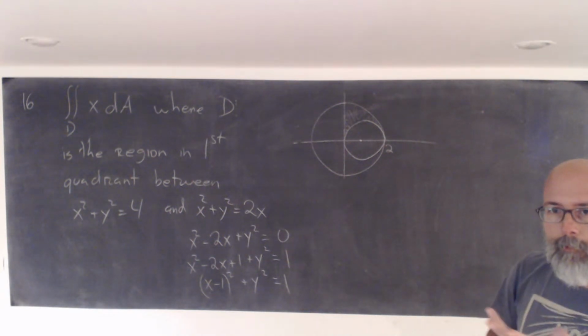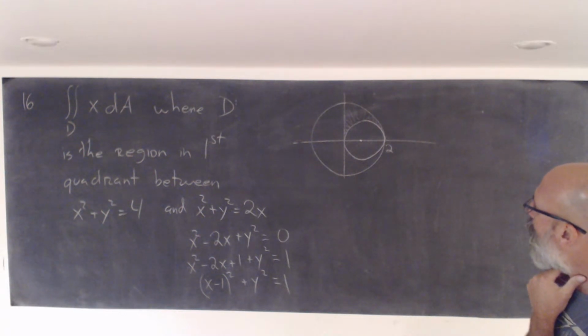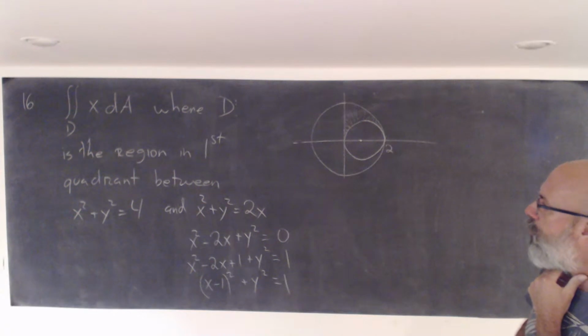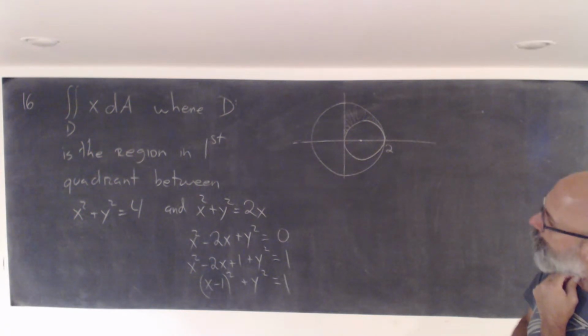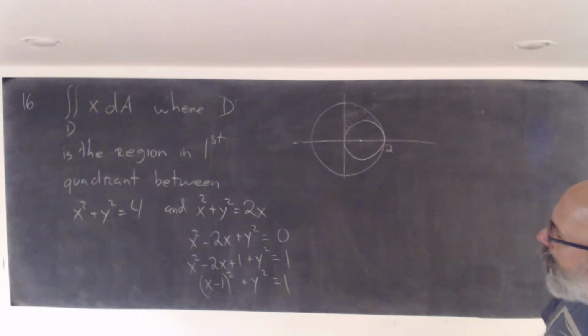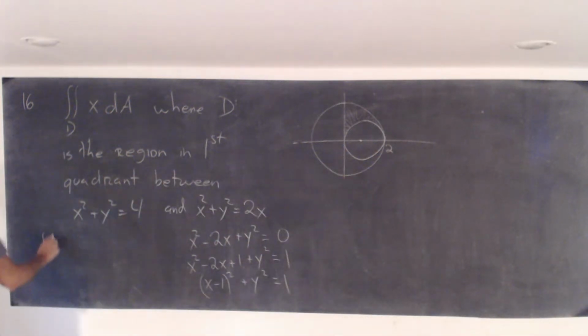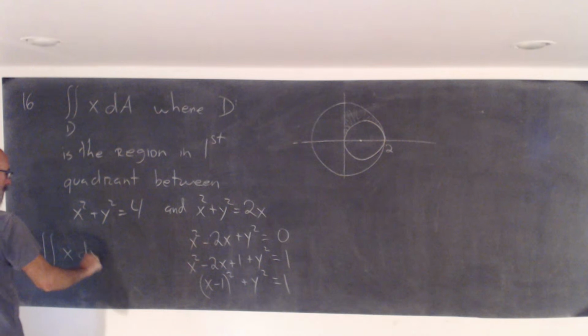Now again, imagine setting this up in terms of x and y. It's not impossible. Why don't we set it up? x dy dx.